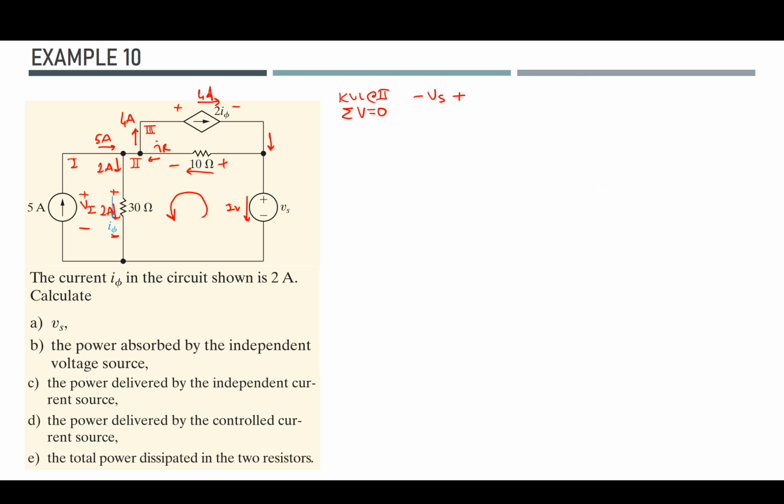With KCL at node A, I see that minus 5 plus 2 plus 4 minus IR should be 0. From here, it's easy to see that IR should be 1 amp.